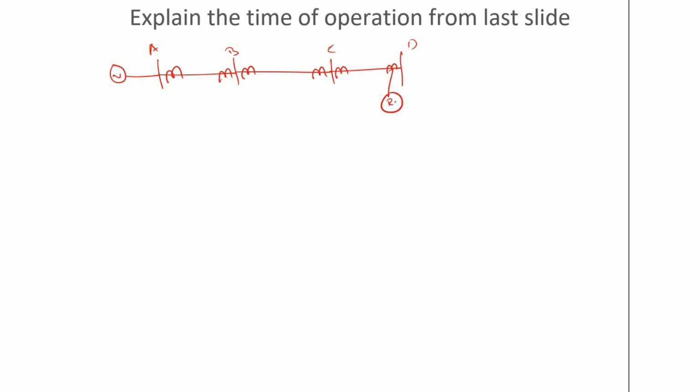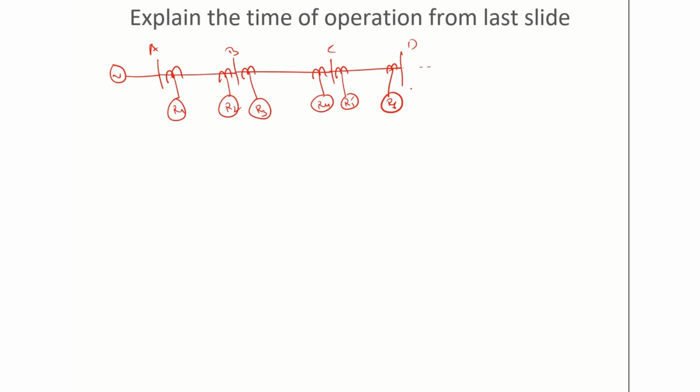So now this is R6, this is R1, R2, R3, R4, and R5. Now, if you see, I have just removed the second source from here.